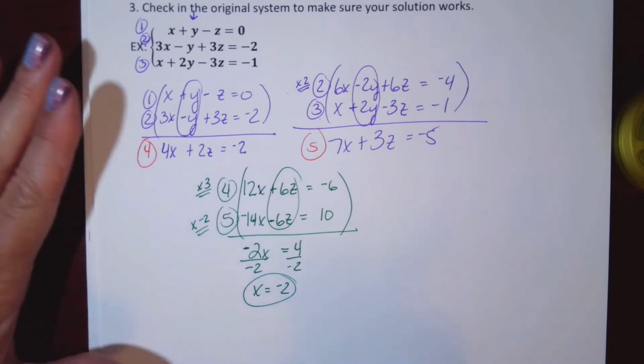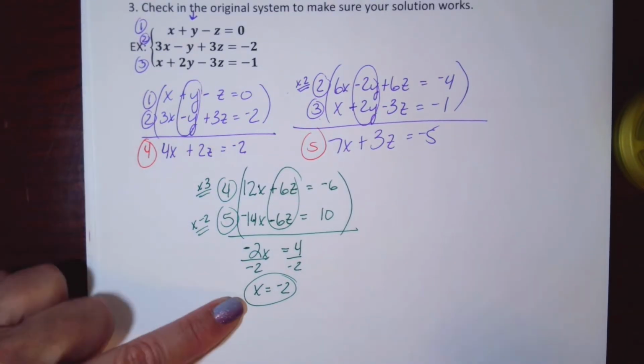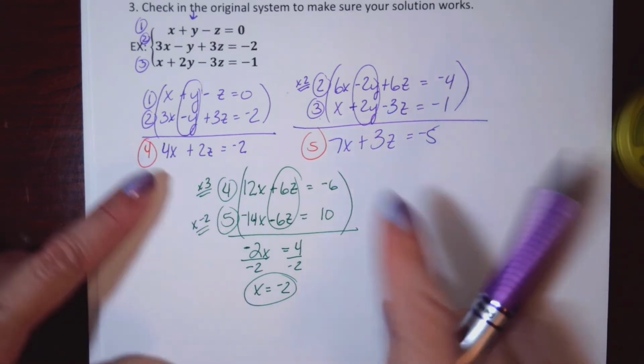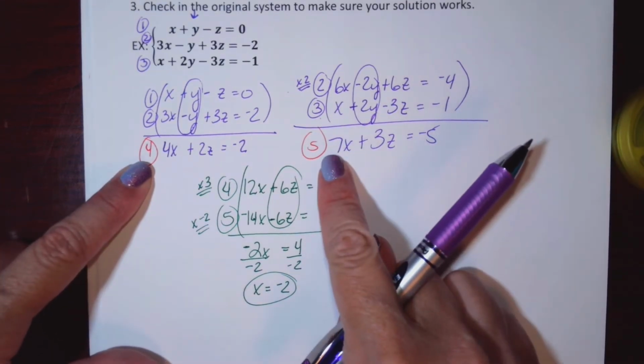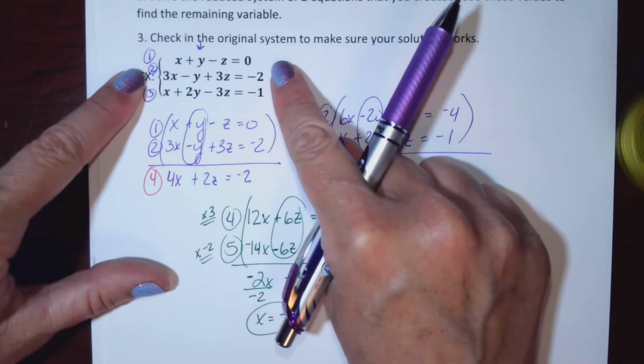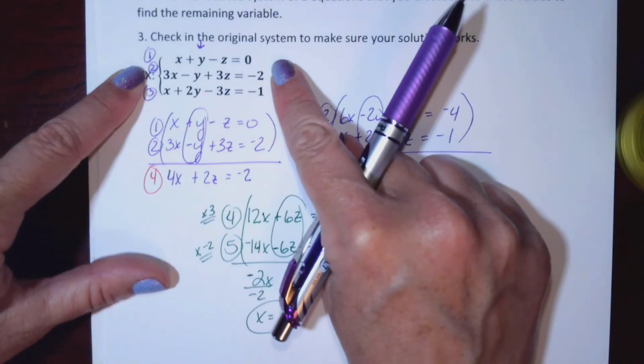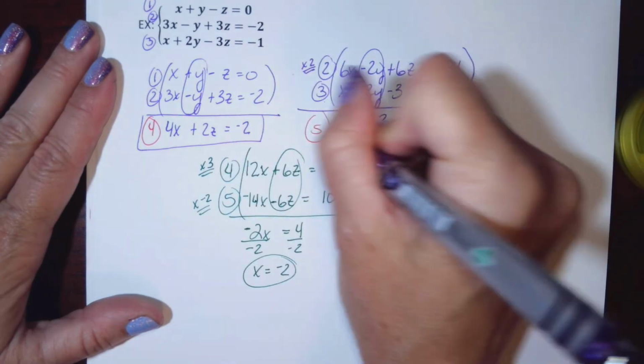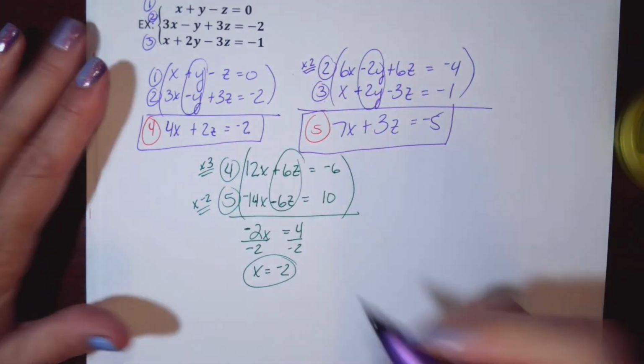Okay, now I've got to work my way back up. I'm going to take this negative 2, I'm going to plug it in to either equation 4 or equation 5. I can't go all the way back to the beginning yet because I have 3 variables here. But 4 and 5 only have 2 variables. And it doesn't matter which one I plug it into.